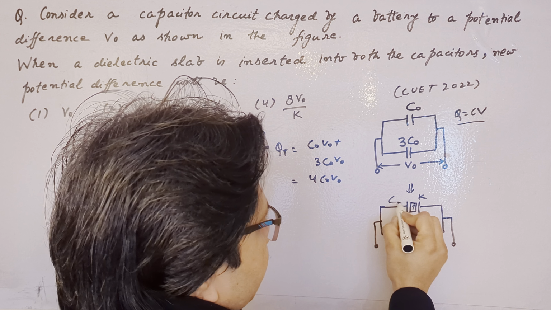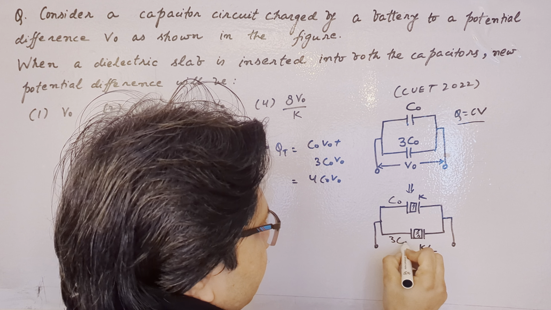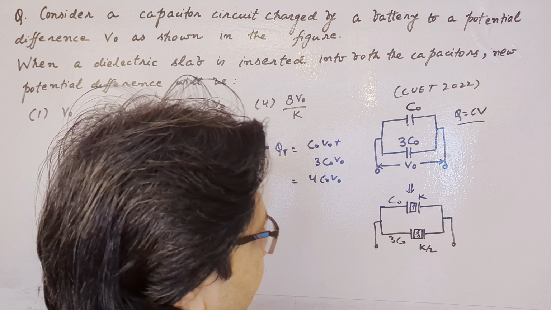The capacitance of the first capacitor without the dielectric is C naught, and the capacitance of the second capacitor without the dielectric is 3 C naught.